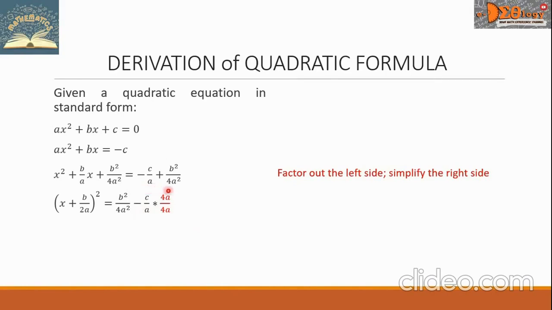So that is 4ac. So we can now combine the two fractions. The right side now becomes b squared minus 4ac all over 4a squared.